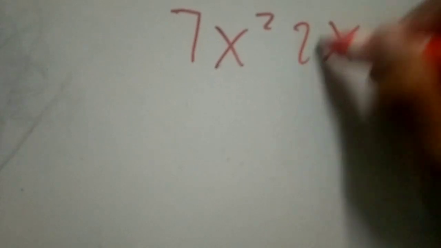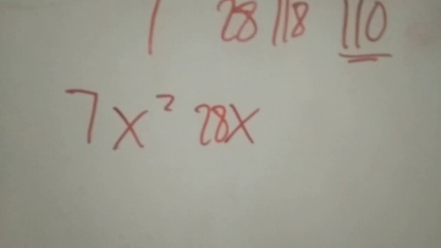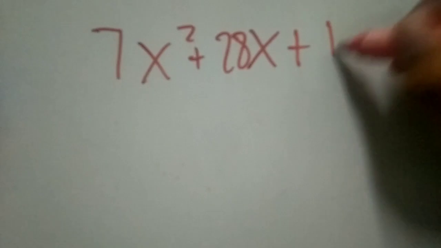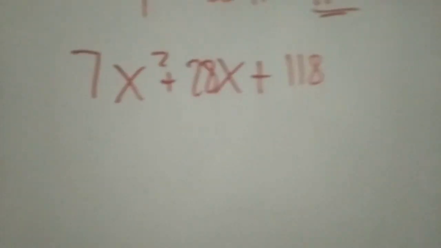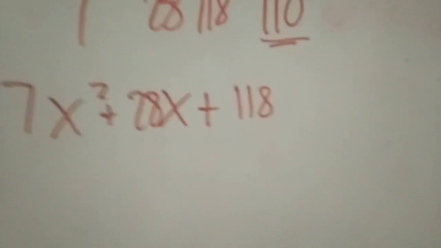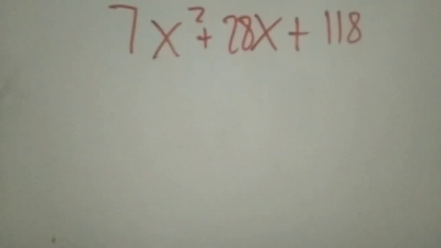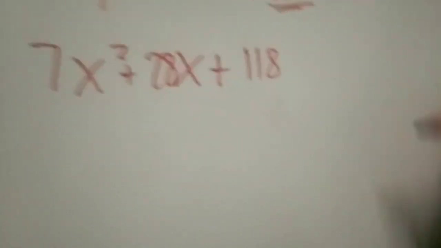Bring down the coefficient, it's 28x. Next, our next coefficient, bring it down, 118. And since we divided by x, there's no longer x.